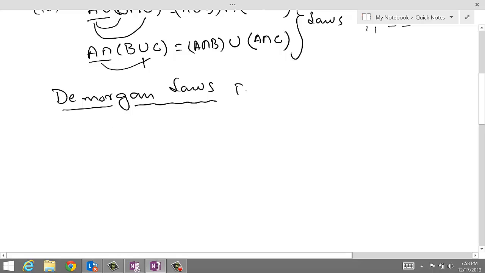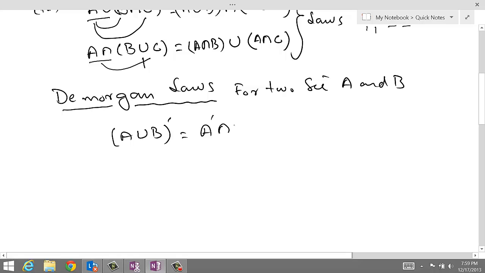For two sets A and B, (A union B) whole complement is equal to A complement intersection B complement. Here you can see that we took A union B first and then took the complement, and union actually changed into intersection, depending upon if we take the union first or the complement first.